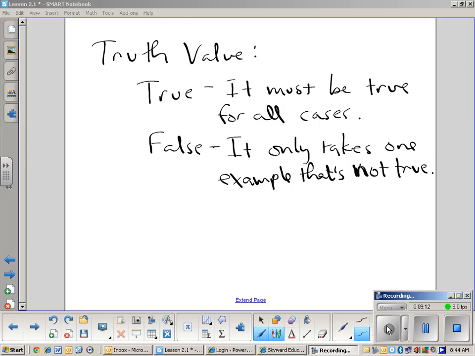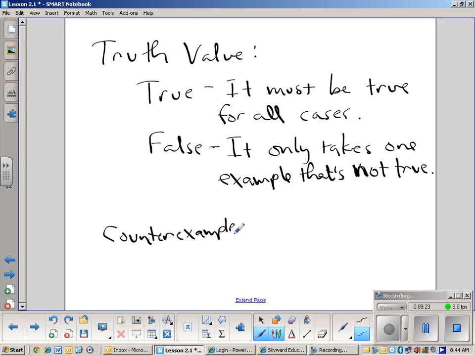If you can find one, it's called a counterexample. You can find one counterexample.